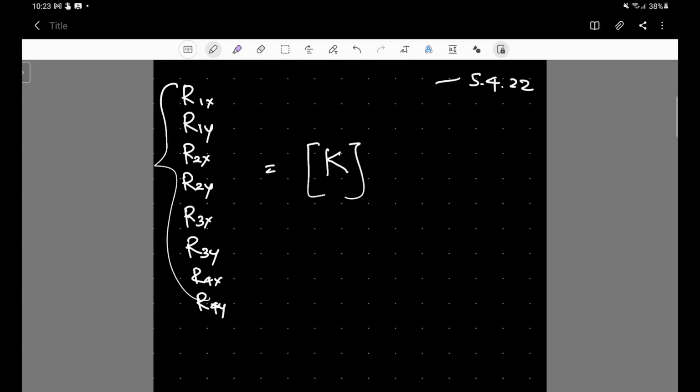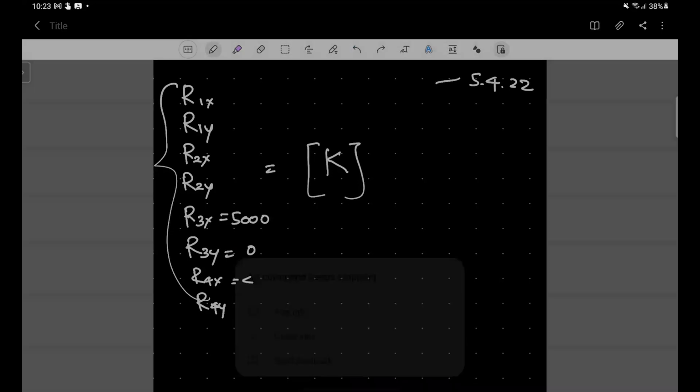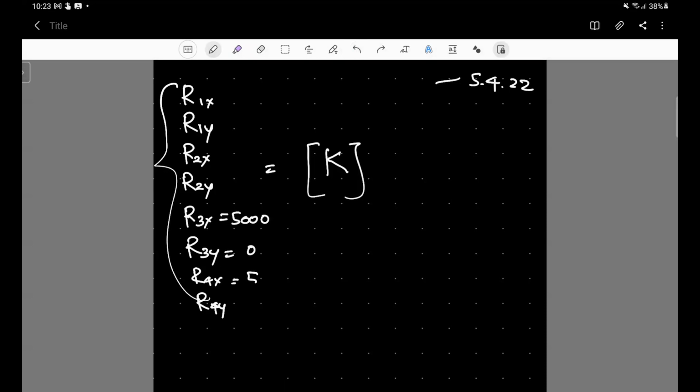Node number 3, X is 5000, Y don't have a load. 4X refers to 5000. We have 5000 applied in the horizontal direction, no forces in the Y direction.